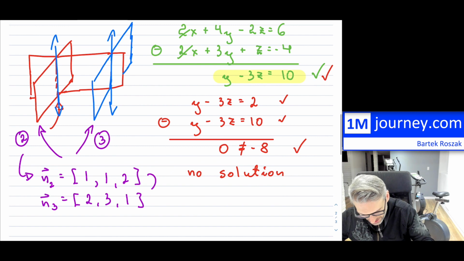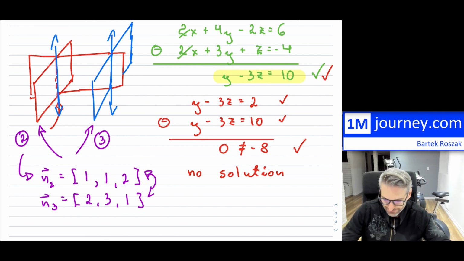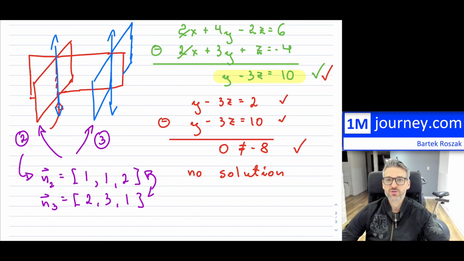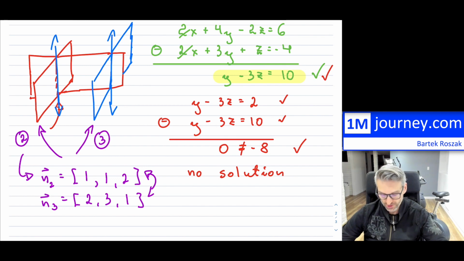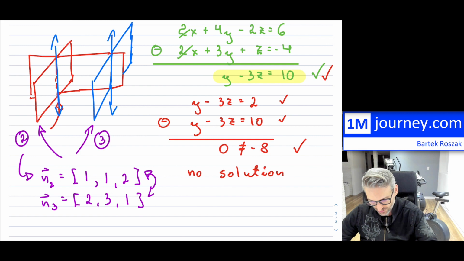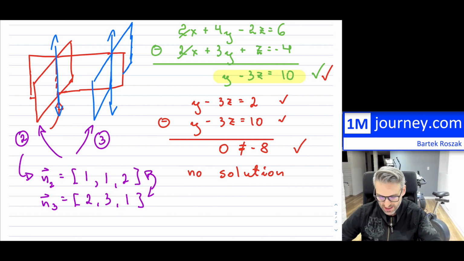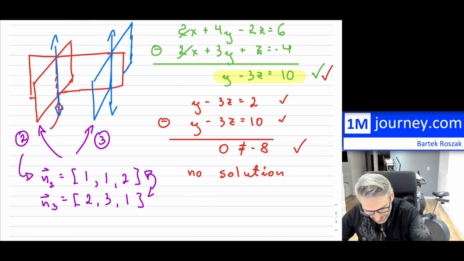And you can see here that these particular normals are definitely not parallel, and they're not scalar multiples of each other at all. If you take the 3 and the 2, you would have to multiply this by 2, so this becomes a 2.